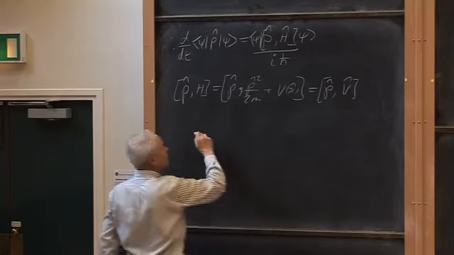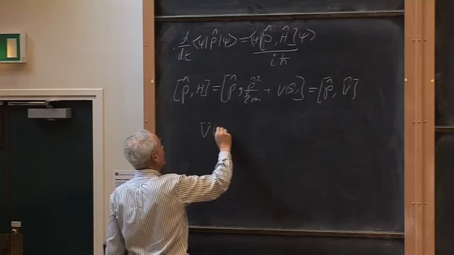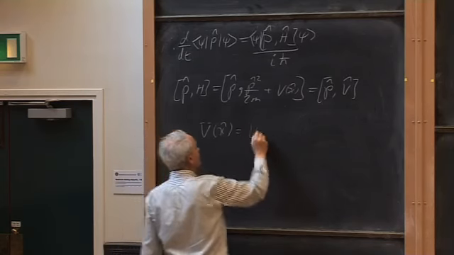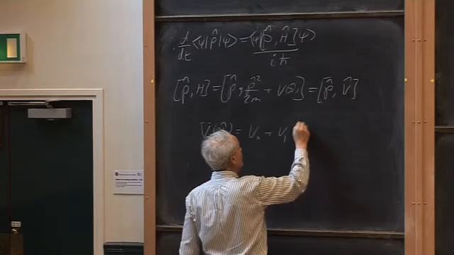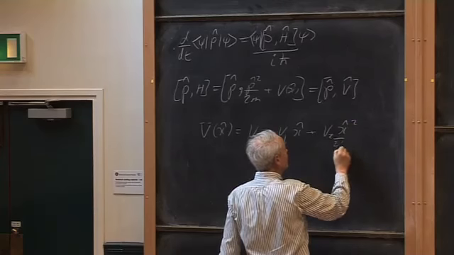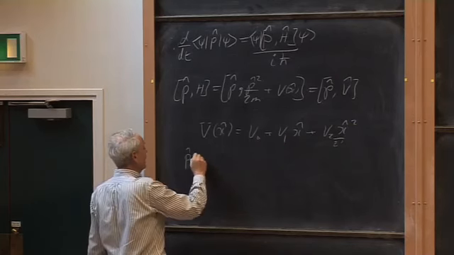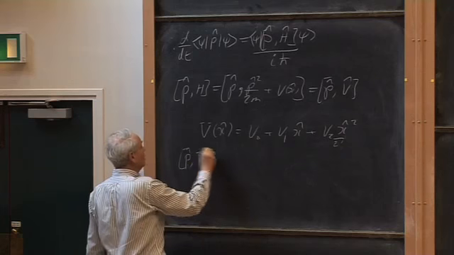Do you remember what we did was we expanded V of x as V0 plus V1 x hat plus V2 x hat squared over 2 factorial, et cetera. And then when we calculated p hat comma V, what did we get?